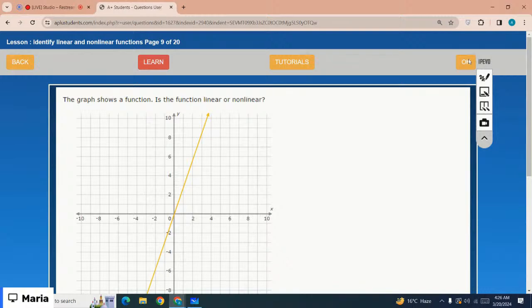The graph shows a function. Is the function linear or non-linear? Which is the correct option? Yes, linear function it is, right?